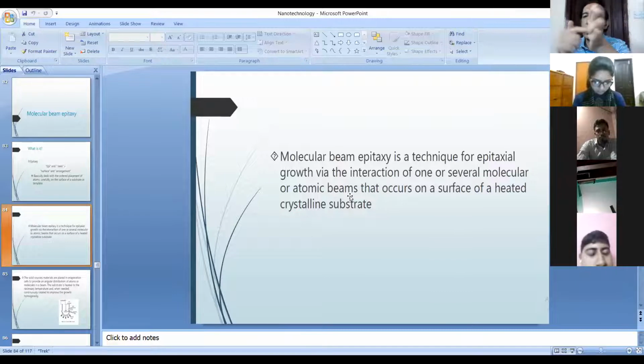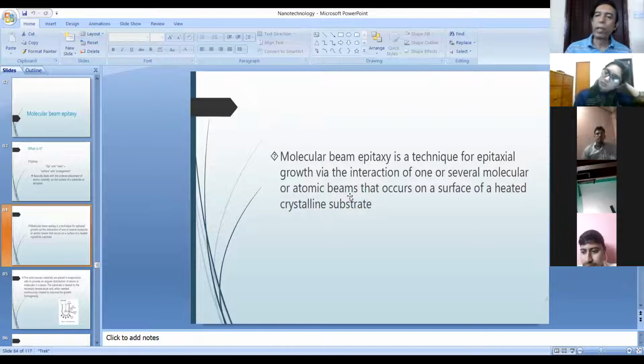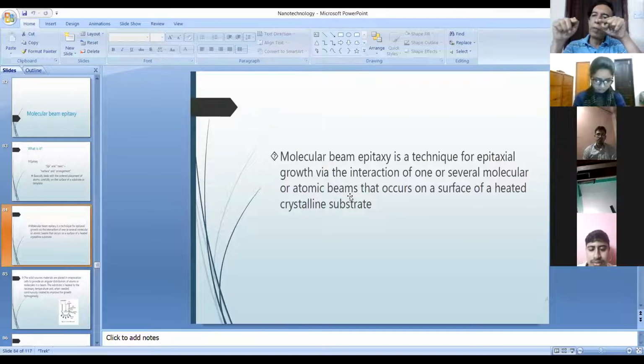It touches the substrate, and here one hydrogen attaches to the substrate, here one oxygen attaches, and here another hydrogen attaches. So it makes water. If you want to make water, you have a beam of oxygen and a beam of hydrogen, and by interacting the beams, the atoms make water.